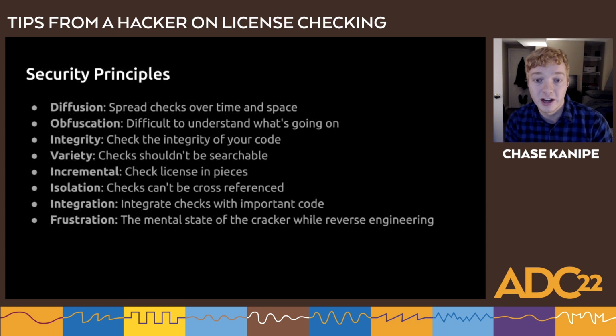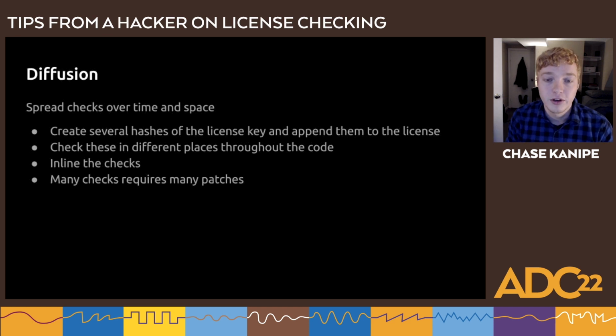We want the checks to be isolated from one another so they can't be discovered by following a single path in the control flow or by cross-referencing between them. We want the checks to be integrated with the important code. And then lastly, we have frustration, which is the desired mental state of the cracker when reverse engineering, though there are no guarantees.